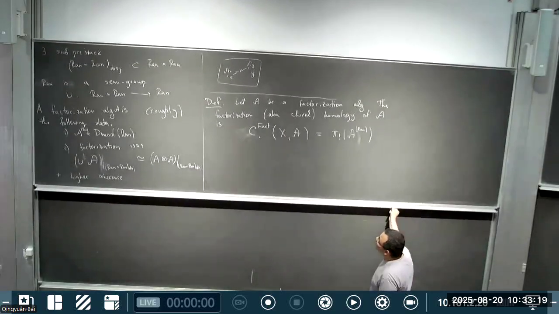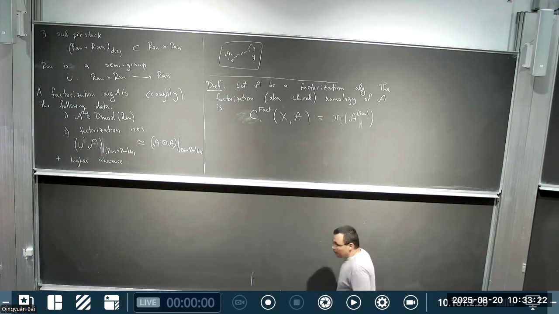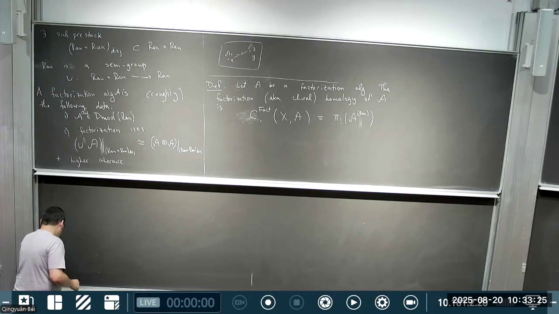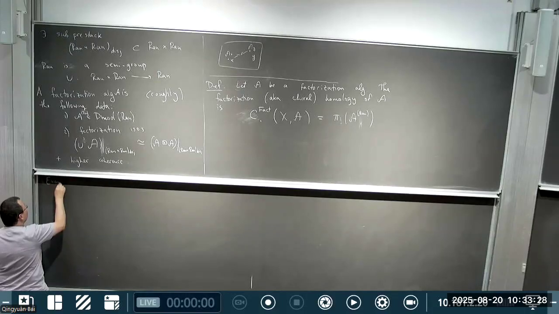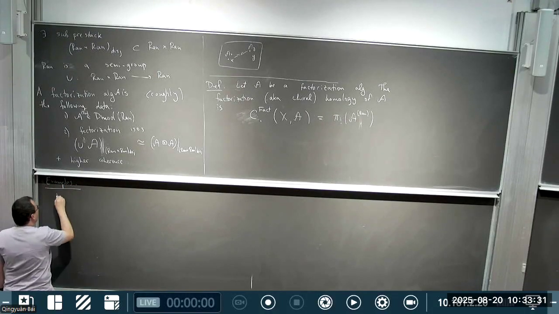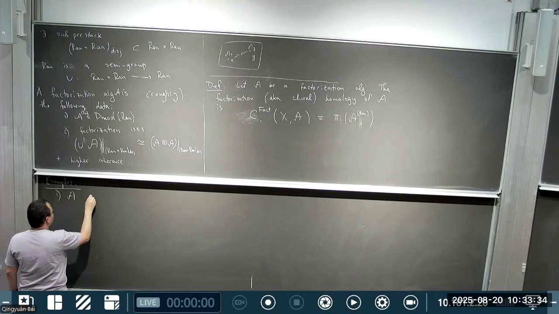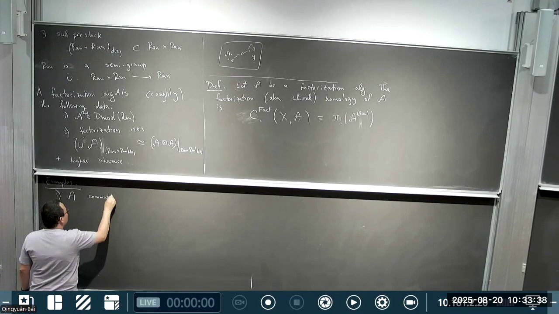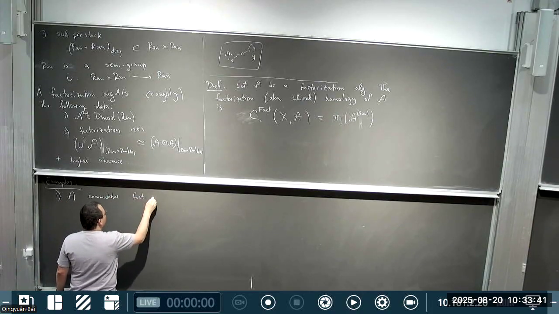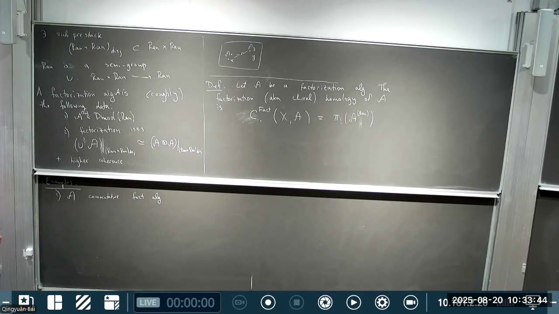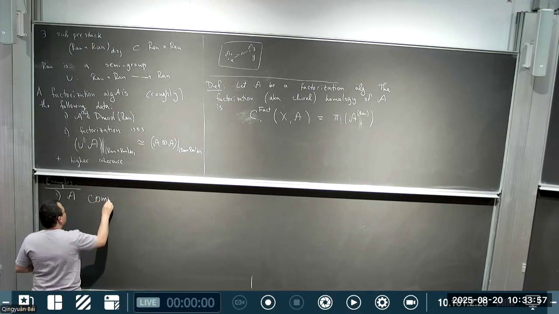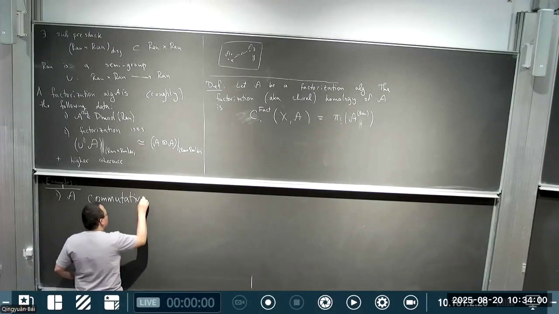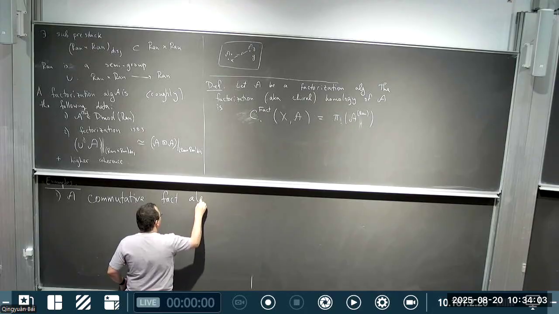But to make sense of this, let me do a few examples. The first example is if A is what's called a commutative factorization algebra.